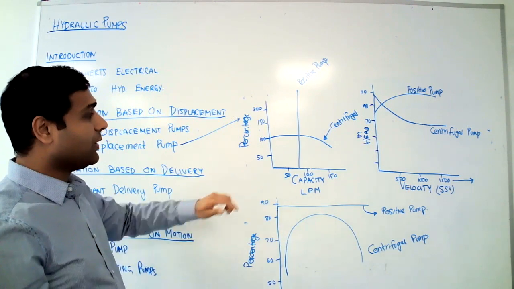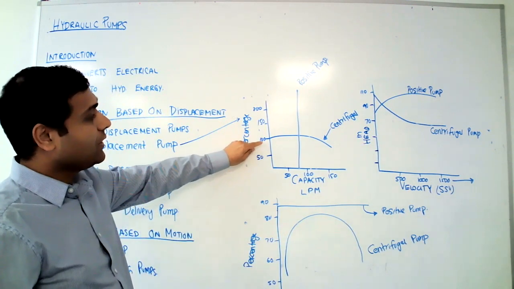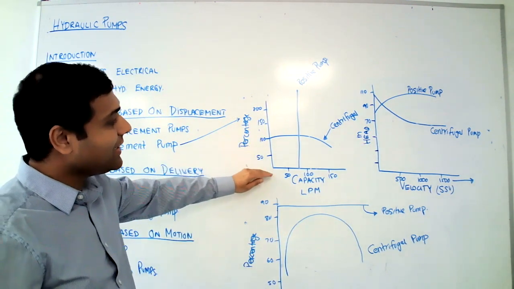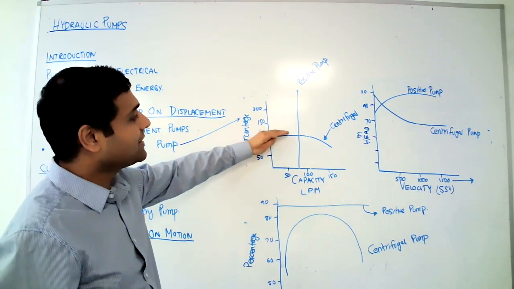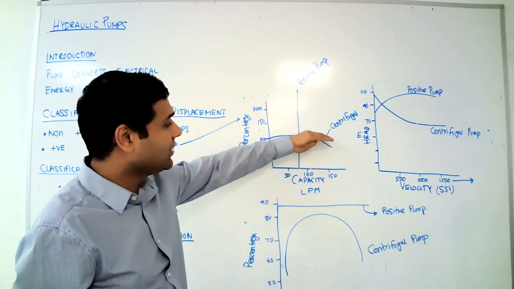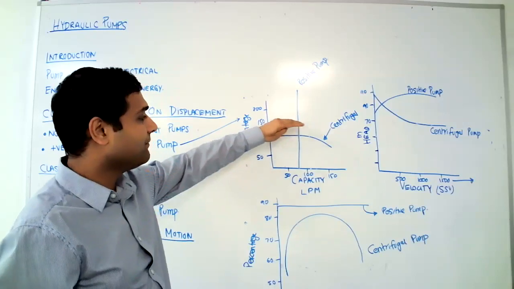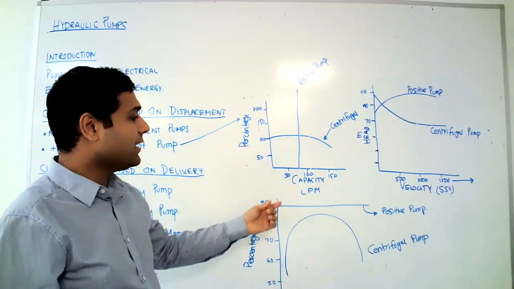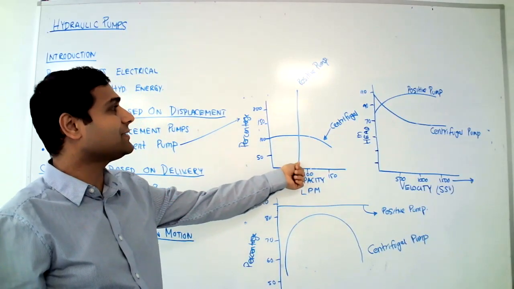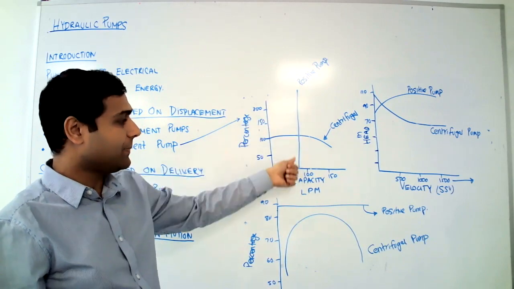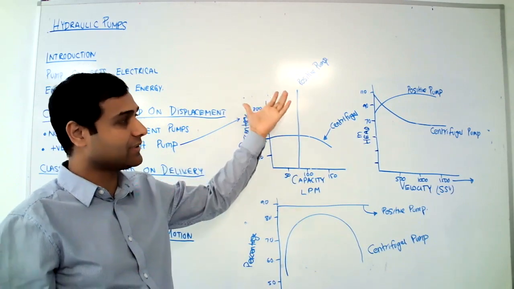The centrifugal one, if you increase the capacity, its percentage efficiency kind of drops. Here, the capacity remains the same. Capacity is not increasing. Positive have the same capacity.